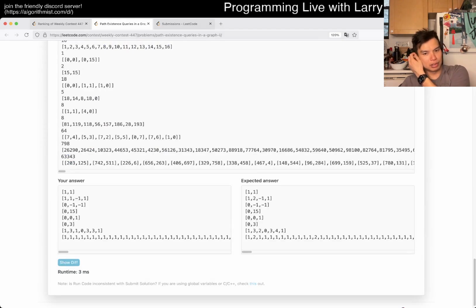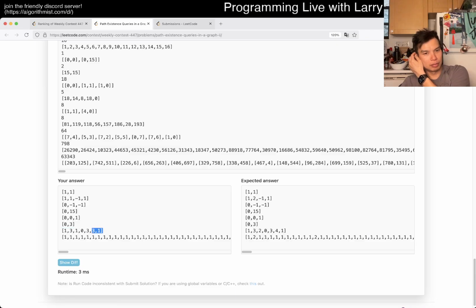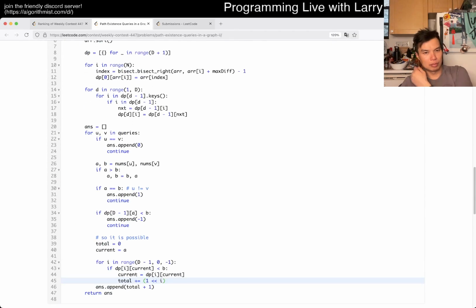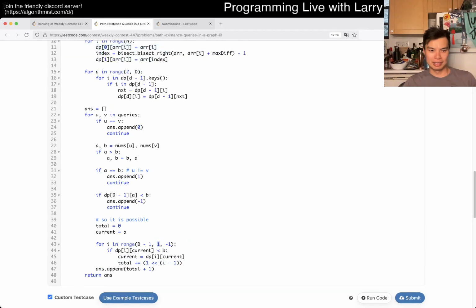Oh, this is also still wrong. I don't know anymore. Let's put it back to the good state.